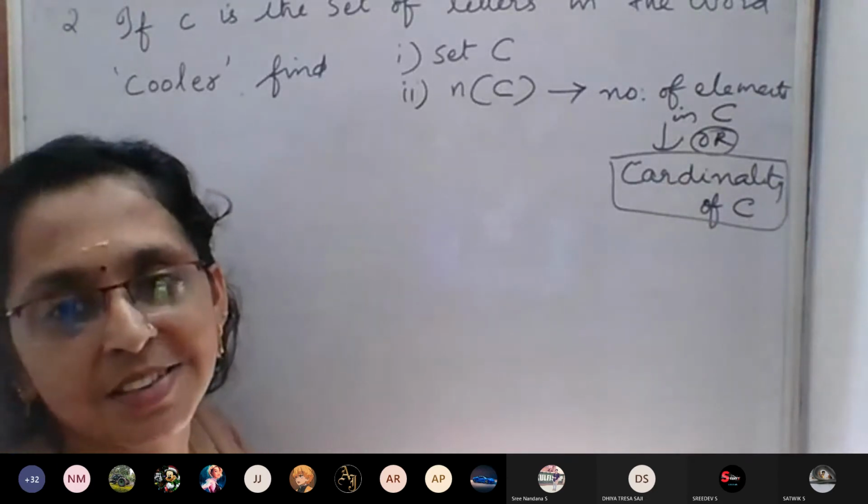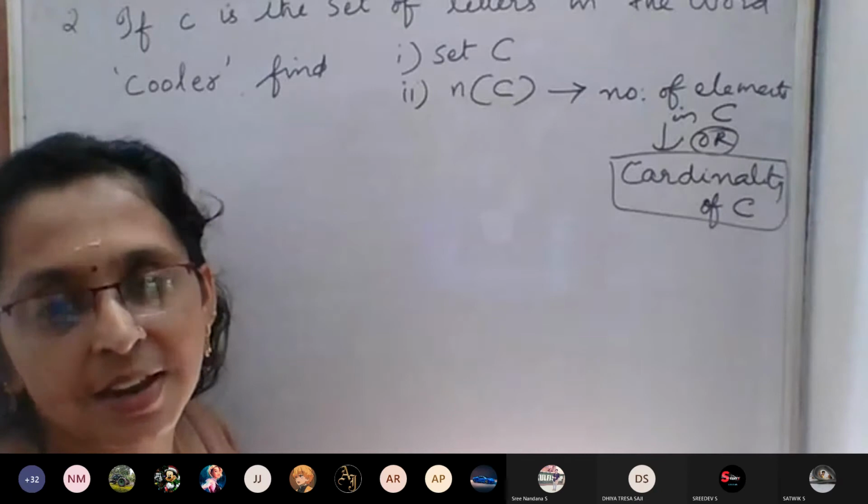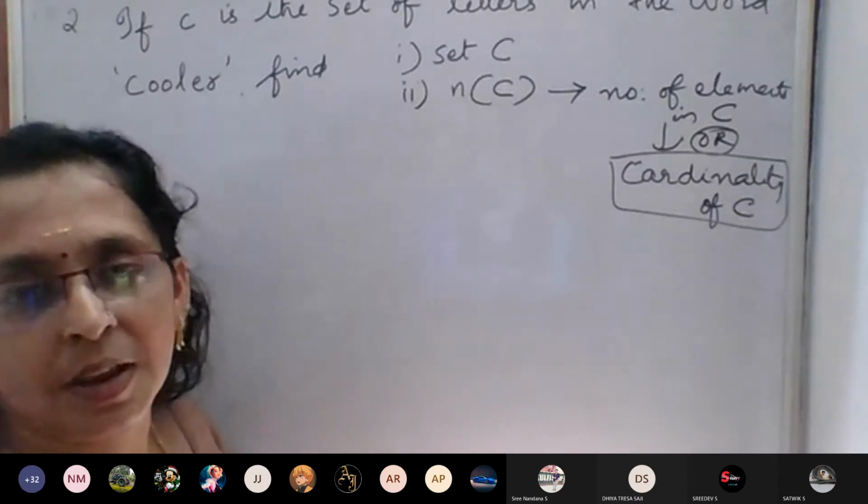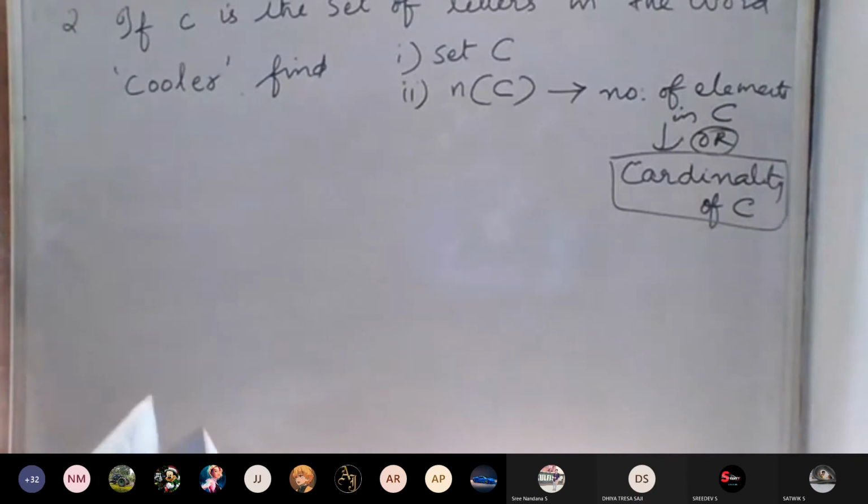Simply, cardinality is the number of elements. So that is N of C.